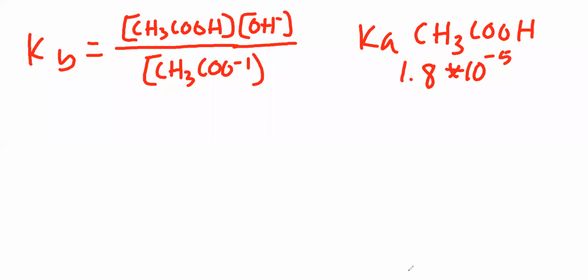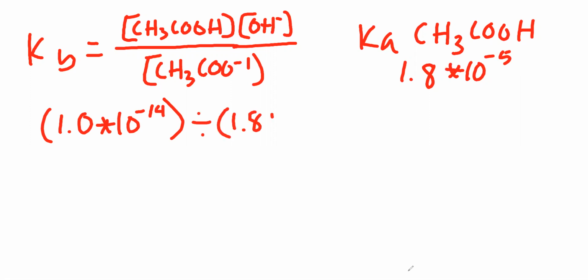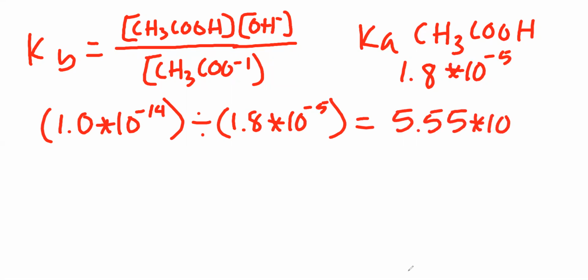So to find the Kb instead, we're going to take this constant and divide it by the Ka that we know. That gives us 5 repeating, and that is our Kb.